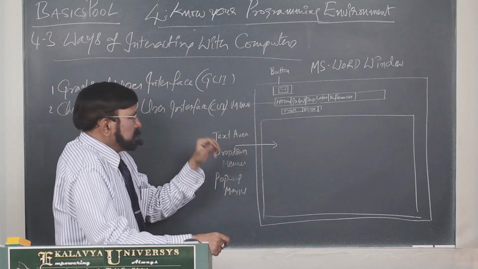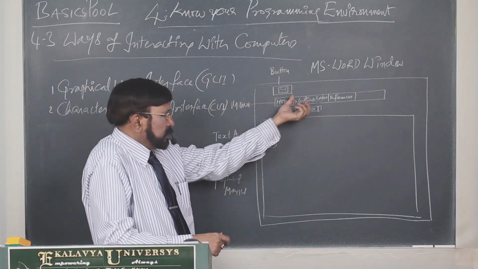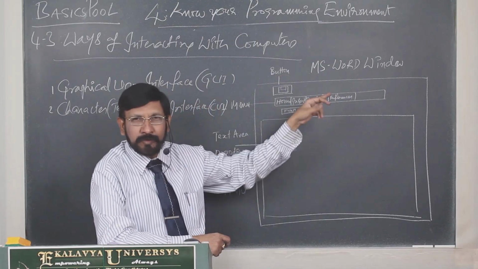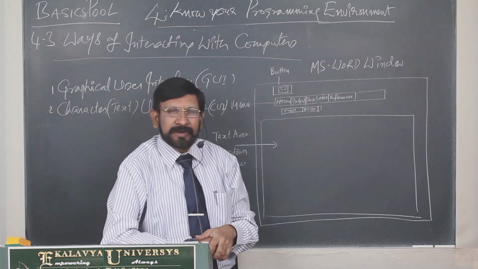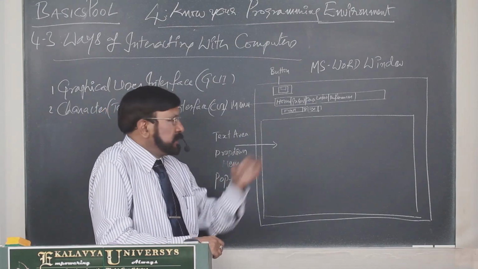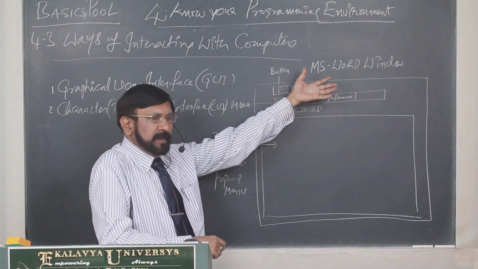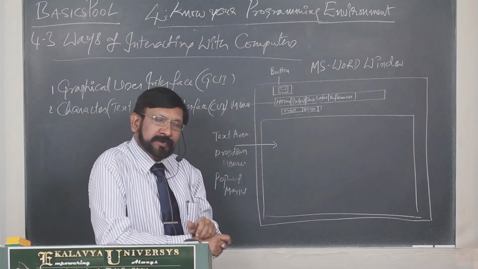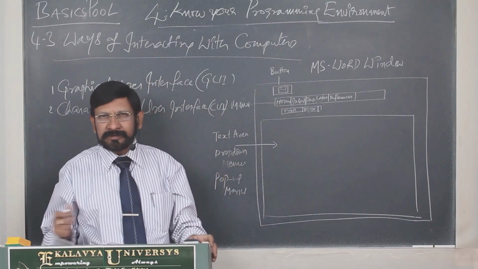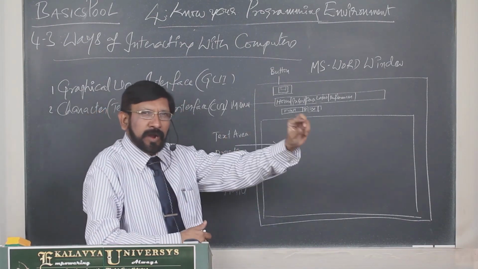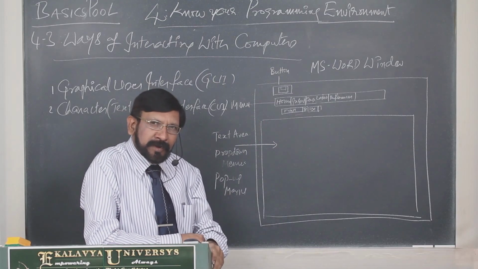Thereafter, menus. On the top of the window, you can find a set of menu items. What is the difference? A menu has a set of commands. If for everything one button is created, there will be numerous buttons, and it is very difficult for the user to identify and locate a particular button.